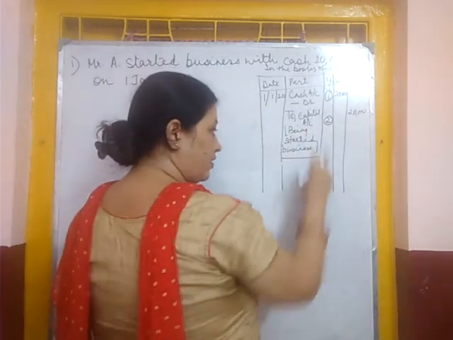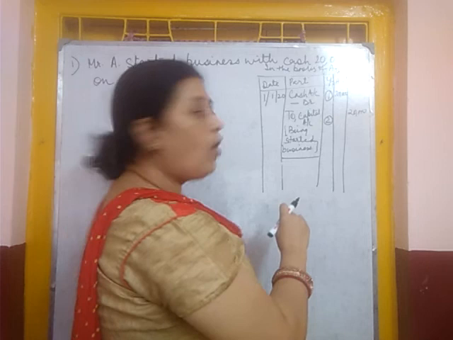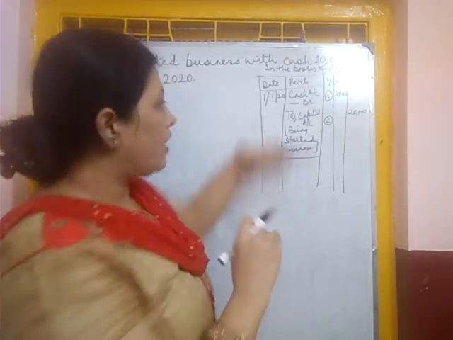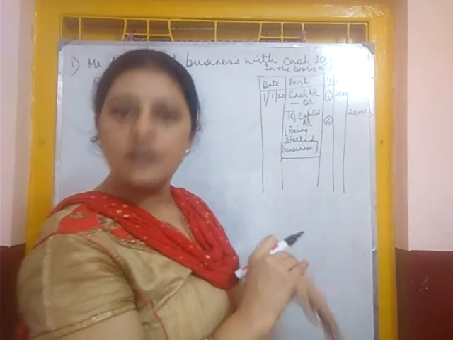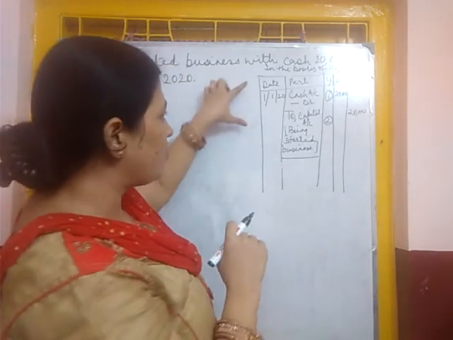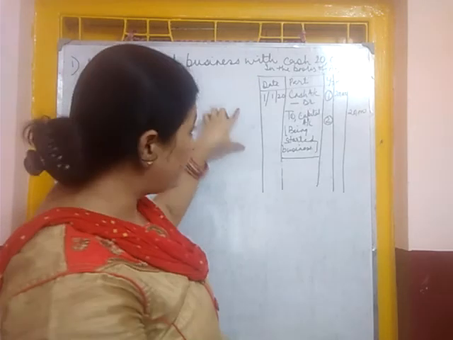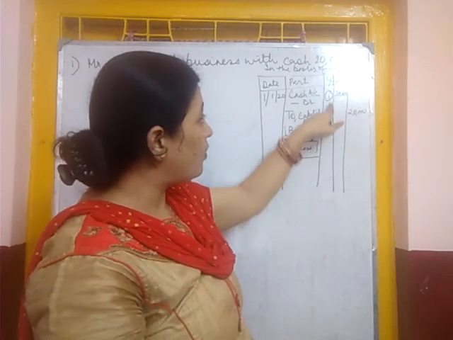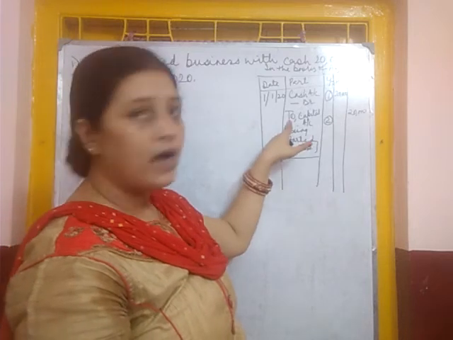In this manner, whatever new accounts there will be, those accounts have to be numbered as the new one, that is 3, 4, 5, 6. Since I have taken one example, I am explaining in this way. Here we will write number 1 in the ledger folio column for cash and number 2 for capital.